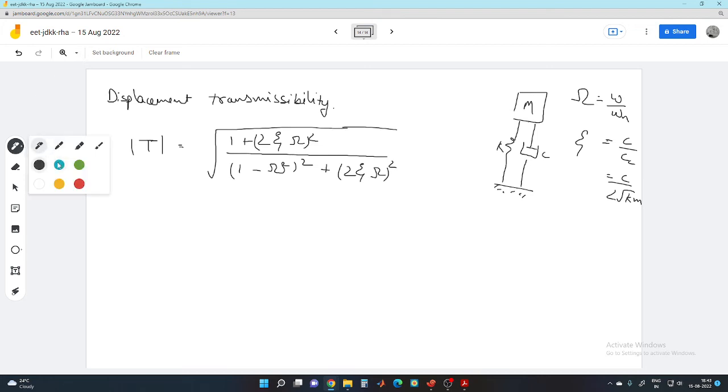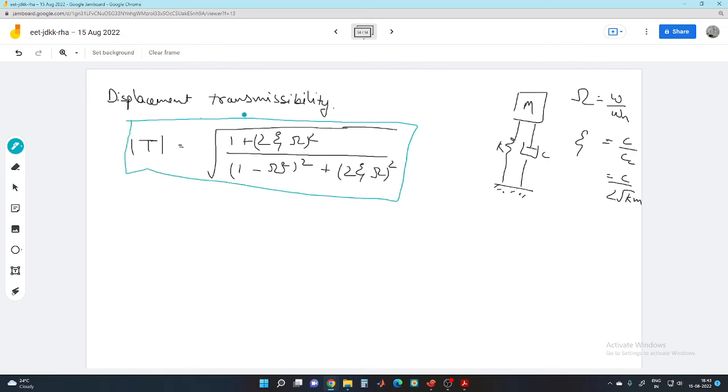So this is our formula which has been derived in the class lecture. What we are expecting here is that the maximum transmissibility attained for a system should be less than or equal to 2. Maximum transmissibility occurs at resonance, that we know.